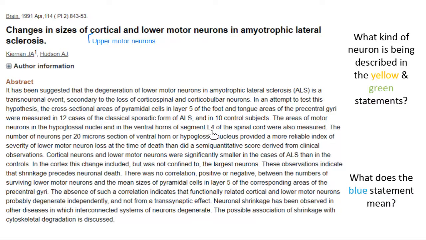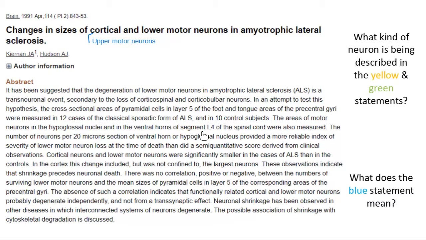L4 is referring to the fourth lumbar vertebra, or the fourth lumbar region of the spinal cord. The neurons that live in these places are going to be the neurons that go out and actually talk to my muscle tissue.